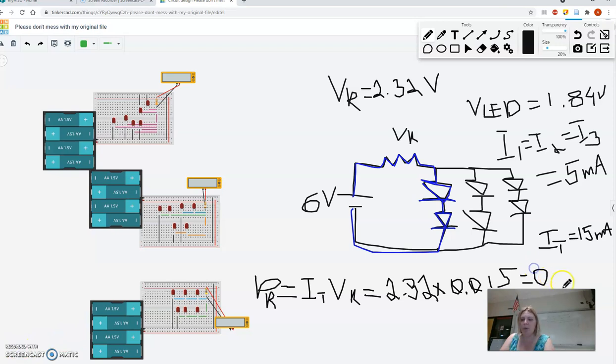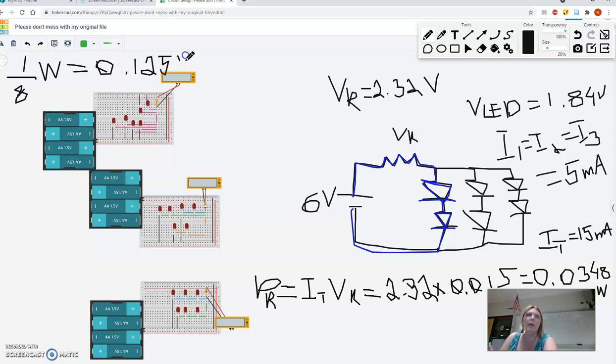That is going to be 0.0348 watts. So when we are choosing our power rating for the resistor, in this particular case, 1/8 of a watt will absolutely work, because 1/8 is 0.125 watts, and this is way bigger than the wattage we get.